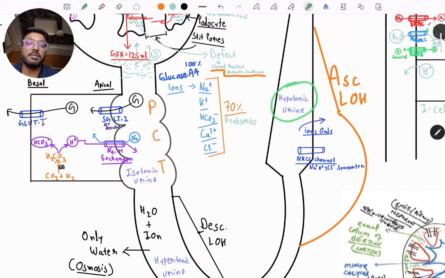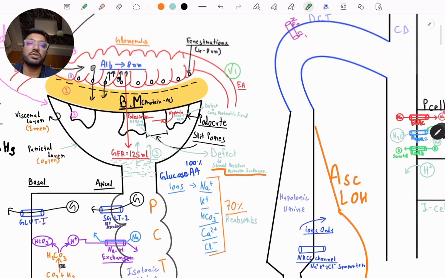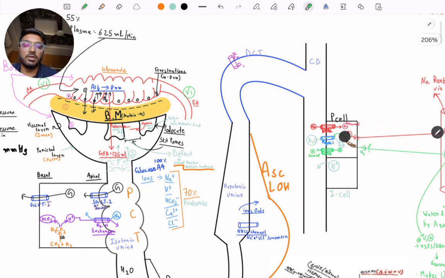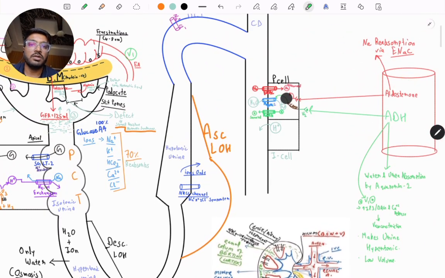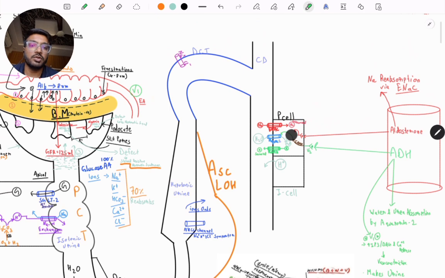Here it's going to be hypotonic, which means urine concentration is going to be low, or osmolality is going to be low, in the ascending loop of Henle and DCT. Also, aldosterone and antidiuretic hormone work more in the collecting duct, and not on the DCT.